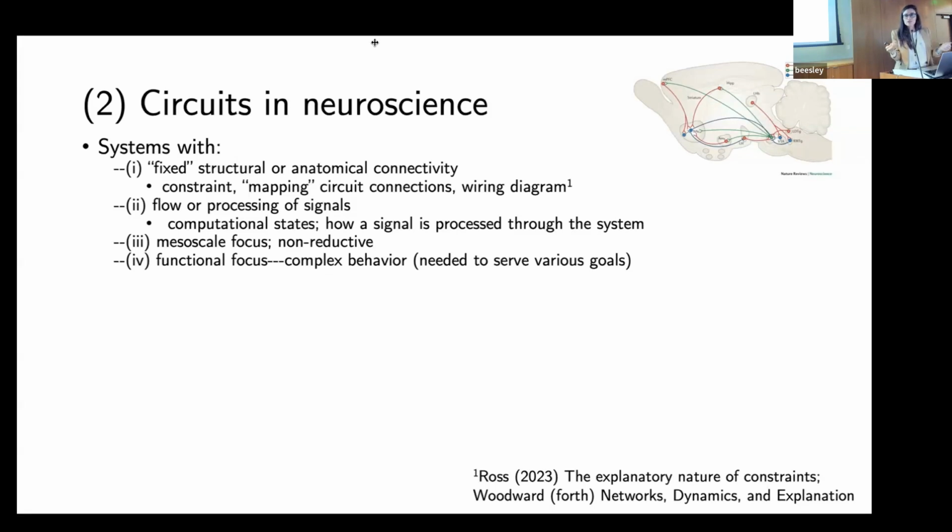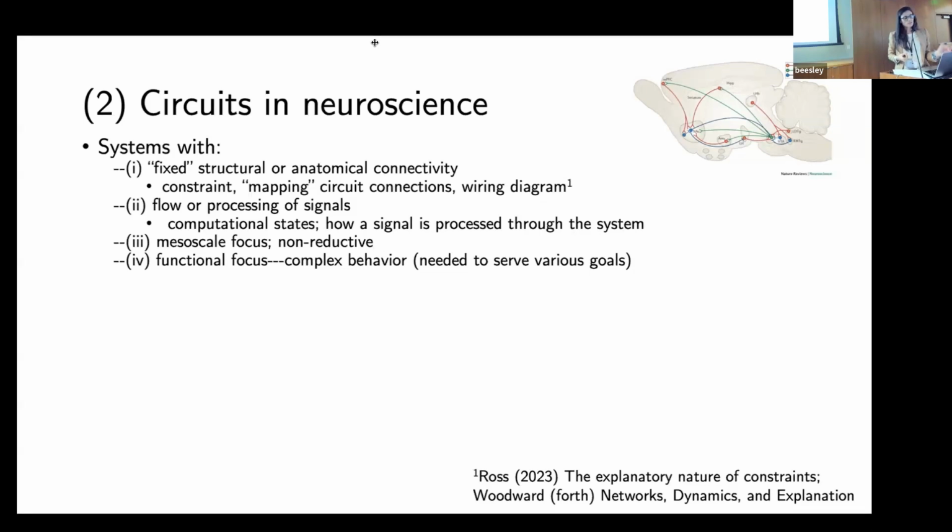There's a kind of goal that it's serving, and we see this in almost all of the examples, often relating to the input-output of the system, where the system is producing an output given an input, and it's functional for this system, right? With our reflex circuits, there's a very good reason why we need to pull back our hand when there's a hot source, and same with noxious stimuli.